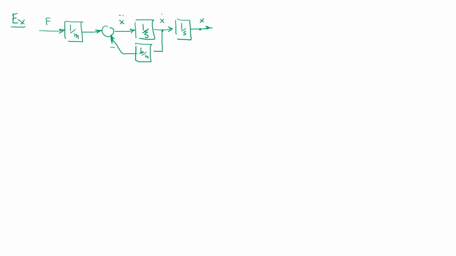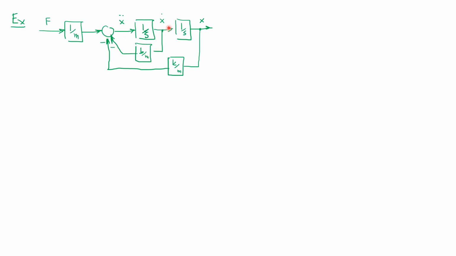And then you can take the x as well, like a takeaway point, and you can multiply with the gain of k over m over here to provide with a negative sign in this summing junction, and that is going to be the other contributing factor. So in that particular sense, x double dot is going to be equal to the factor coming in from this side, which is F over m, minus this feedback coming in from the position side, and this signal coming in from the velocity side.